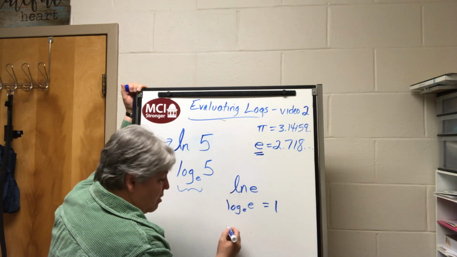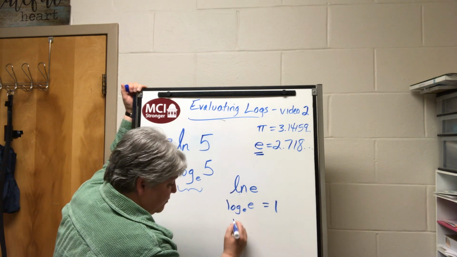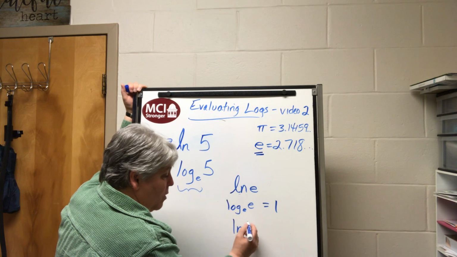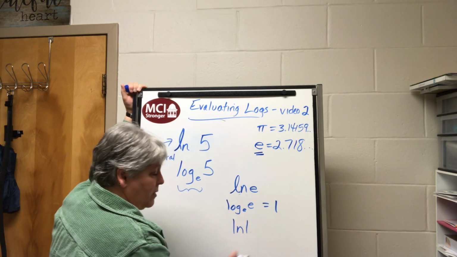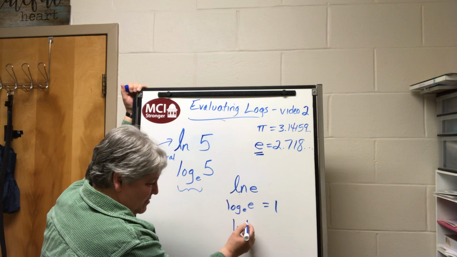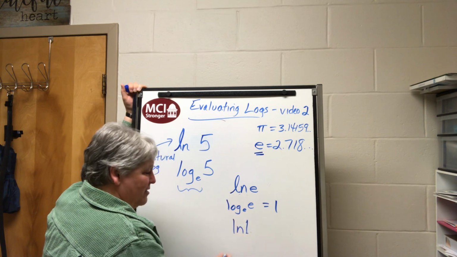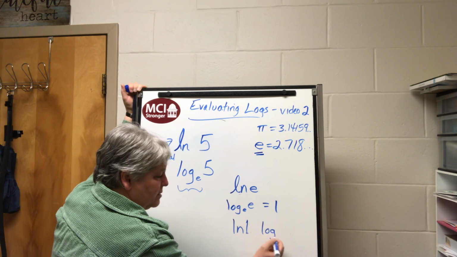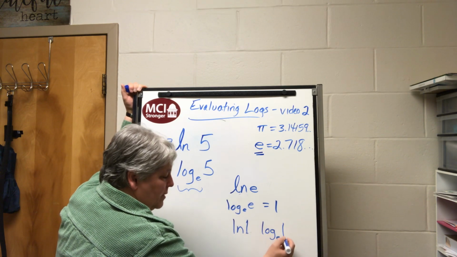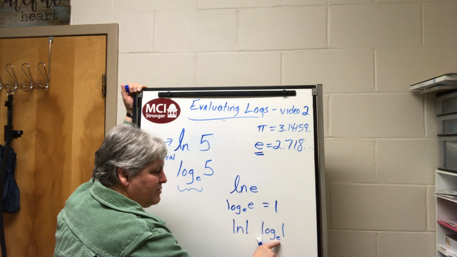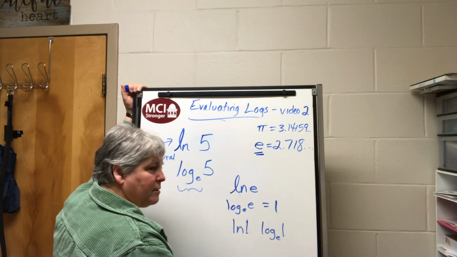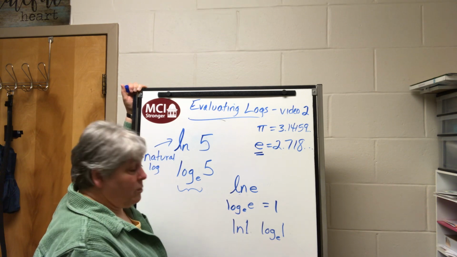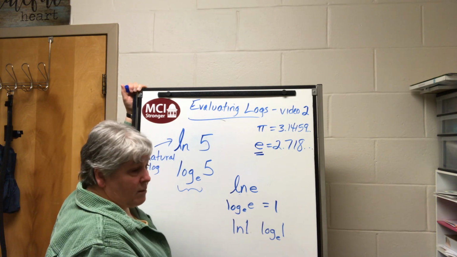And here's one last log you can do. If I have log written ln, and I have 1 here, that's a 1, not an L. Okay, what this means is L-O-G, little e, 1. What power do I raise e to get a 1? What power do I raise a 3 to get a 1? What power do I raise a 10 to get a 1?